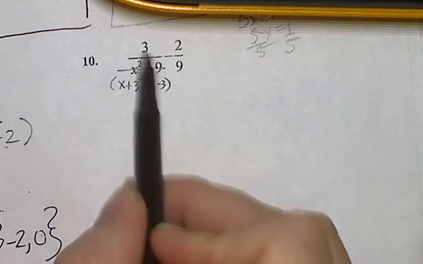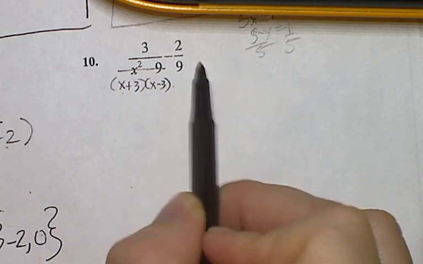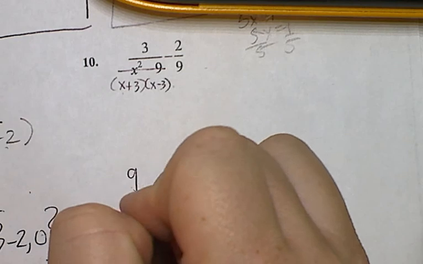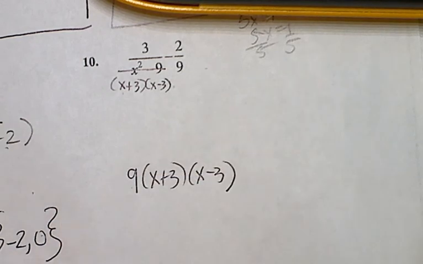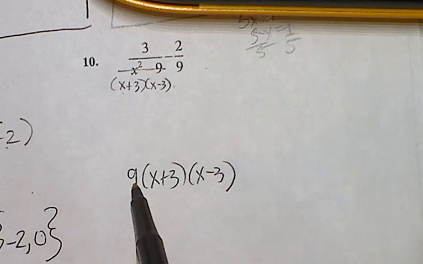So I can see on the left I have an x plus 3 and an x minus 3, and on the right I have a 9. So if I think of a good common denominator, it would be 9 times x plus 3 times x minus 3. Some students say, well, why did you put the 9 in front when it was over here? We generally take any coefficient that's just a numerical value and we place it in front.